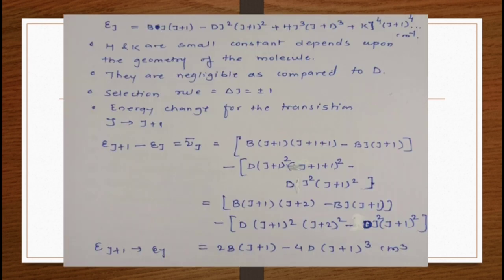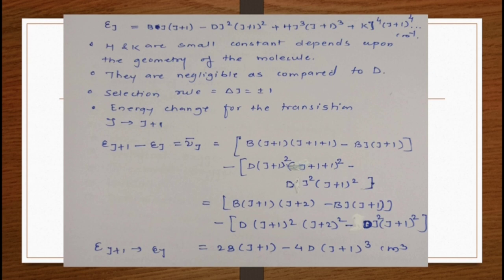Then we have to calculate the change in energy between the excited state and the ground state. They have given us one equation: small E_J is equal to BJ(J+1). This is the equation to find the rotational energy. When small forces are present, terms are included like this: DJ squared (J+1) squared plus HJ cubed (J+1) cubed plus KJ raised to 4 (J+1) raised to 4 per centimeter.